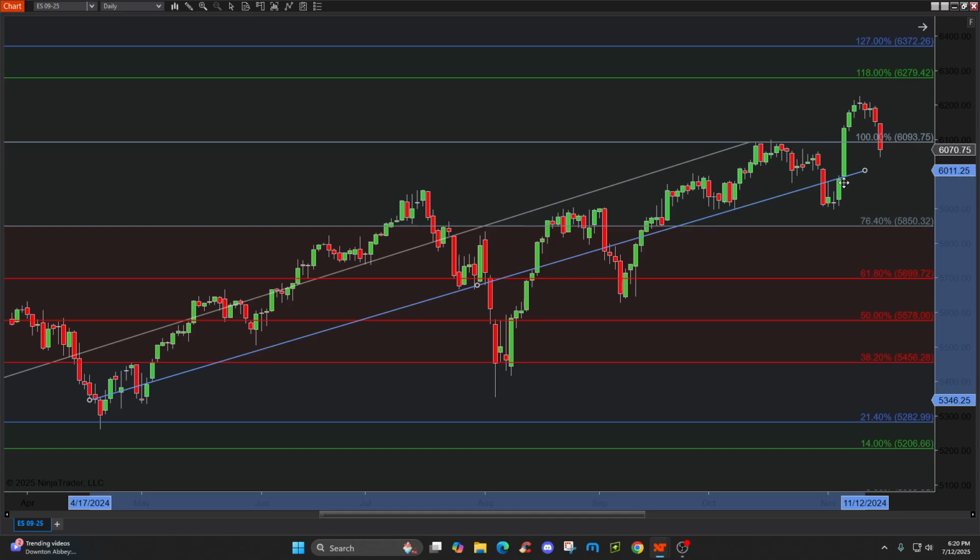But if I was a trend line trader, I would have had my stop loss here, or excuse me, I would have had my take profit here and my stop loss up here.